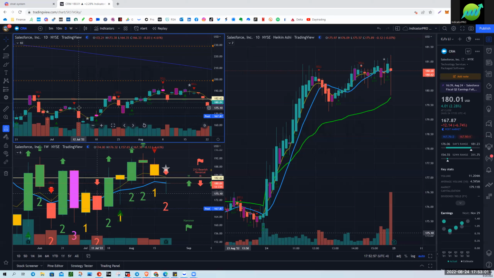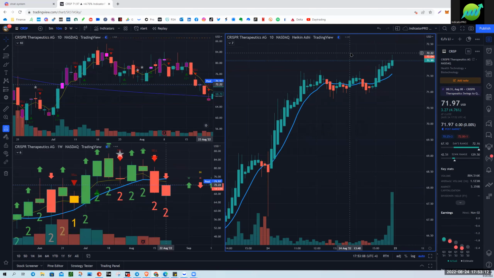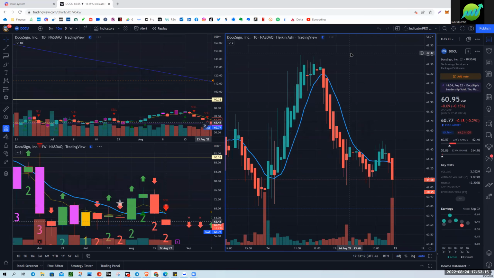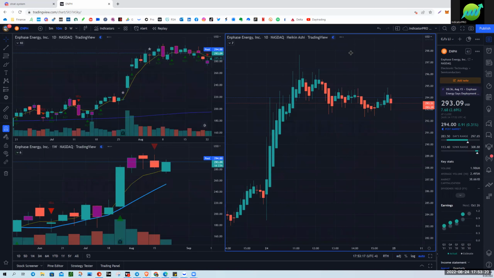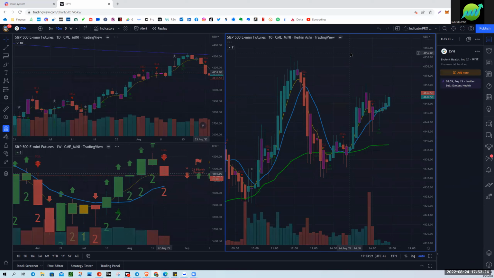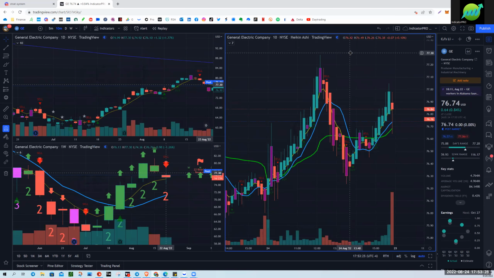I forgot to flip through my list that I have, because, for example, I would have my list of stocks right here, right? And all I have to do is press the down button, and I'm able to take a look at all the different stocks, and very quickly be able to see the open range, see the VWAP, look at the buy-sell signals, and try to catch it that way.